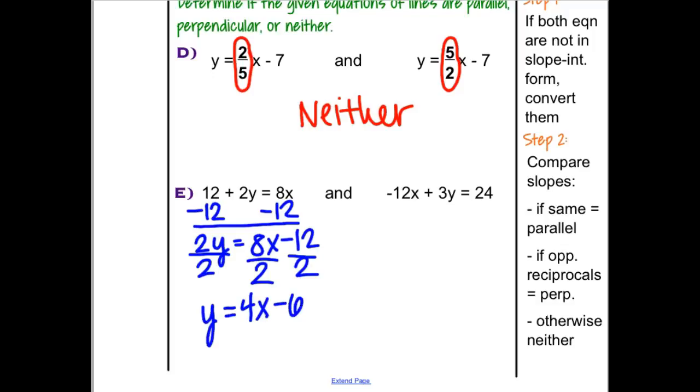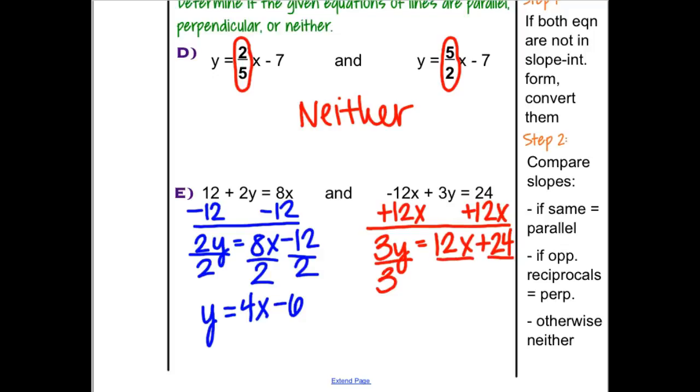And then likewise over here, we're going to add 12x, which gives me 3y equals 12x plus 24. We divide everything by 3, which gives me y equals 4x plus 8.